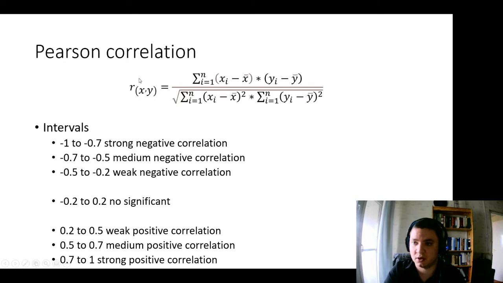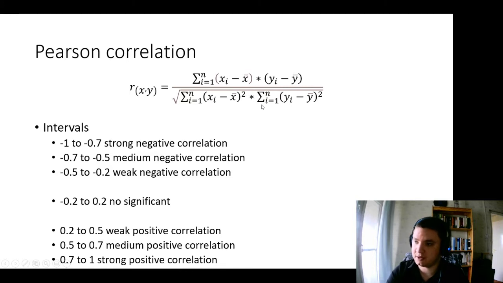This is the Pearson correlation coefficient, and here is the formula. You don't have to remember all of the formula. Just understand the way of calculation and the logic of the calculation.